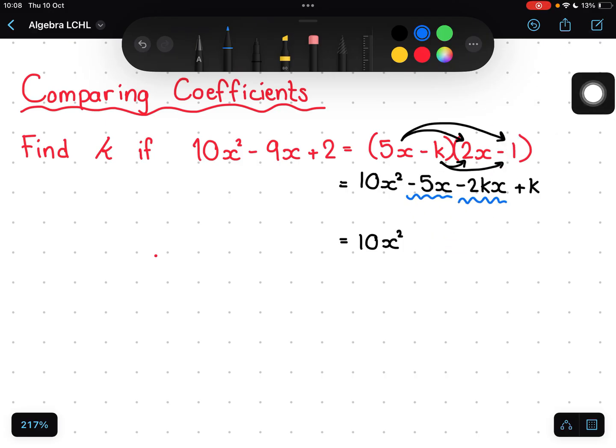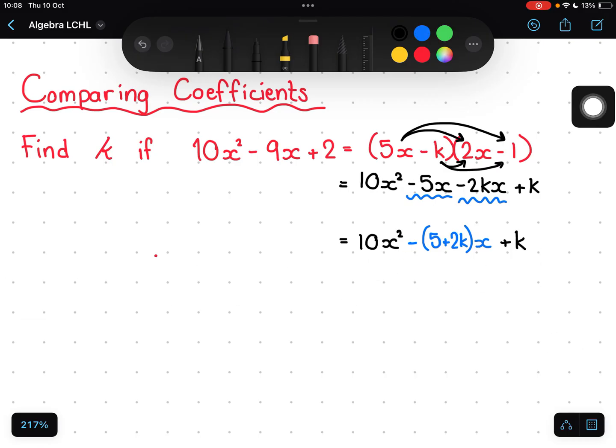I want just one thing in front of an x, so I would put minus 5 plus 2k there, multiplying the x. So it's a minus 5 by an x and a minus 2k by an x if I wanted to group them together. And then I have my plus k at the end.